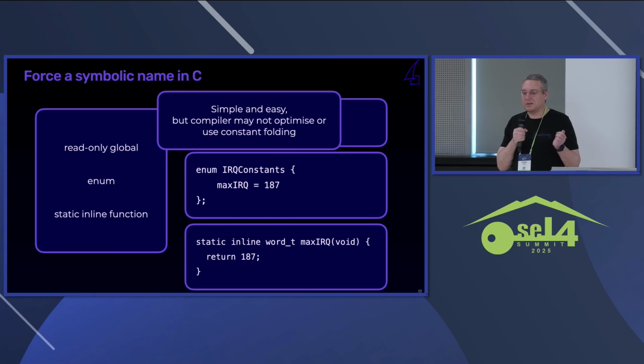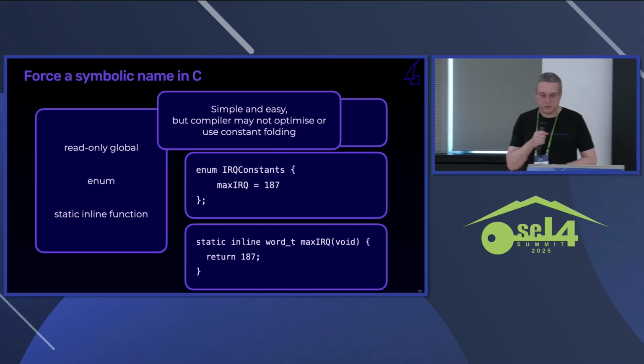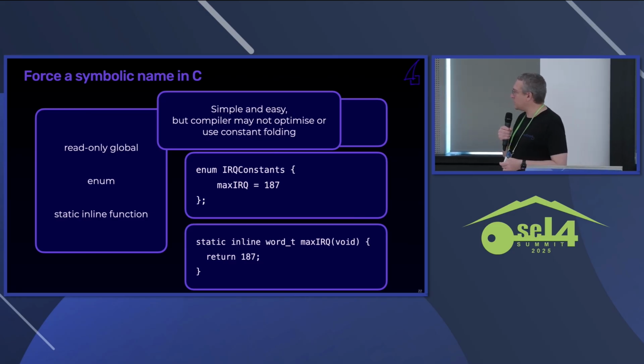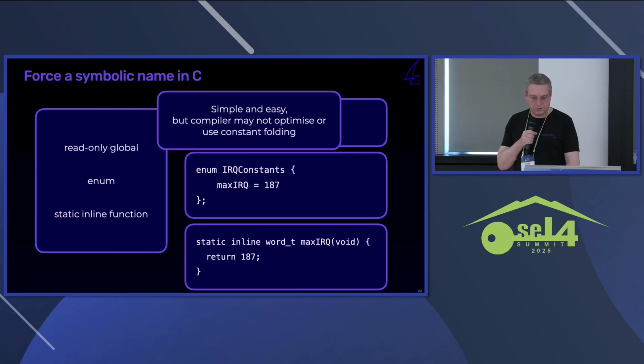If it can figure out that nobody takes the address, it will actually be fine, and it might use it for optimization. But generally, it will not use it for constant folding and optimization and so on. And we really want that to happen. You don't want big formulas that are evaluated at runtime all the time. So that one is only used once or twice in the kernel, where we have verified that it is okay. I think IRQ invalid is one of those, for instance.